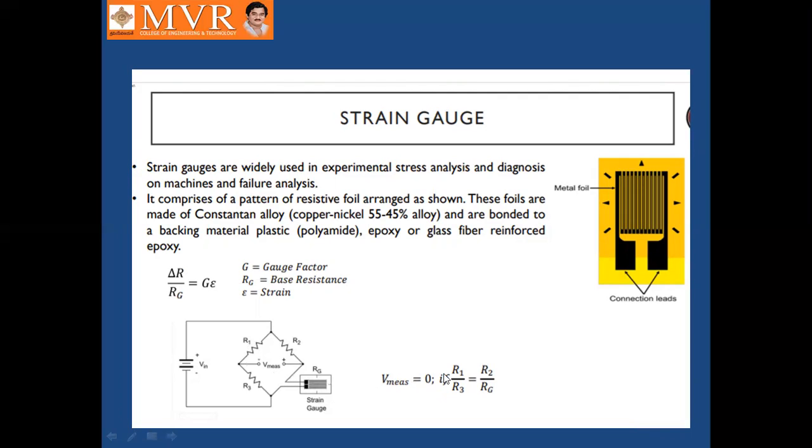Mean voltage will always be zero if R1 by R3 is equal to R2 by RG. At which situation the Wheatstone bridge is balanced, then V mean is equal to zero.